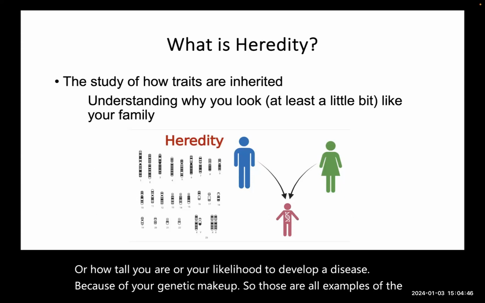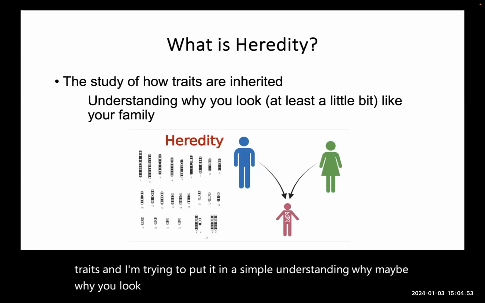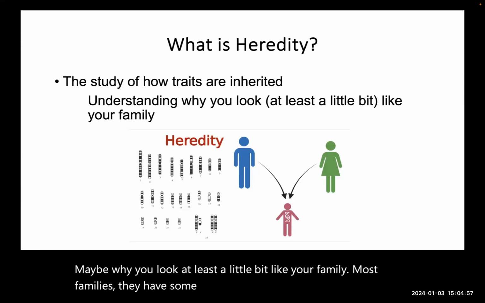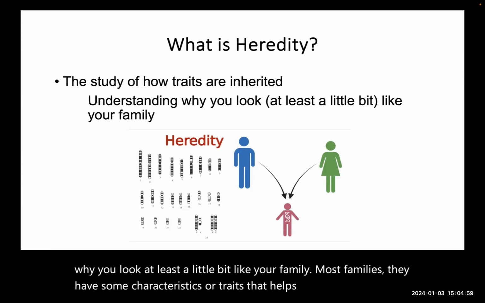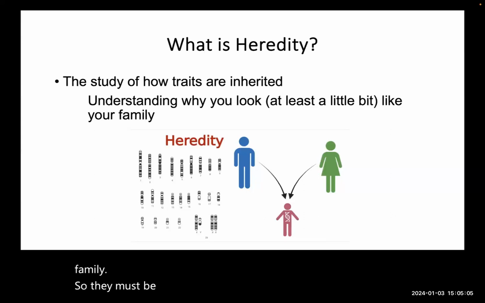And I'm trying to put it in a simple understanding why you look at least a little bit like your family. Most families have some characteristics or traits that help you know that there's a resemblance in this family, so they must be related. So the study of heredity will also talk about why that can be.